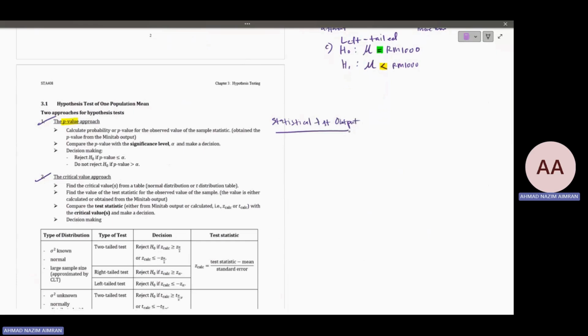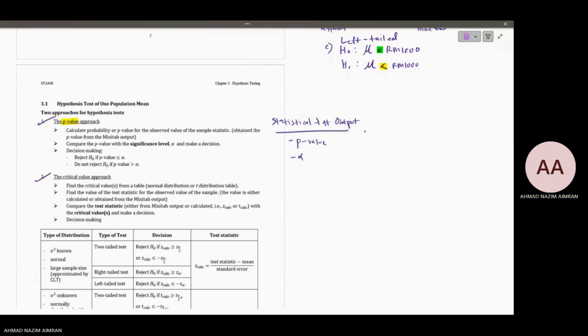No calculation required. You just need to compare two values, which are the p-value and the alpha.